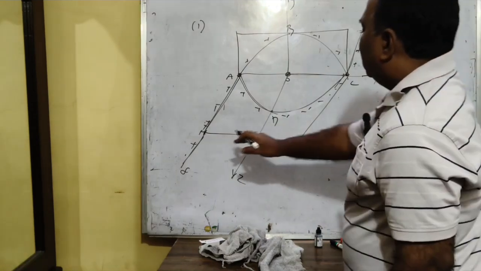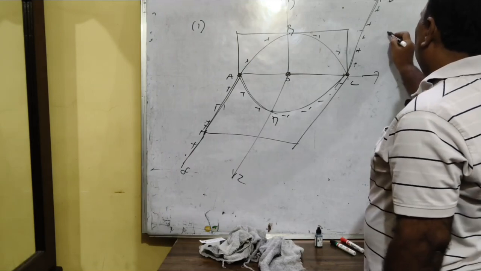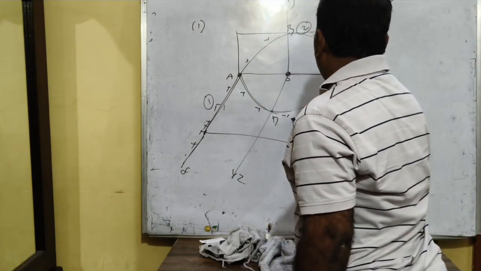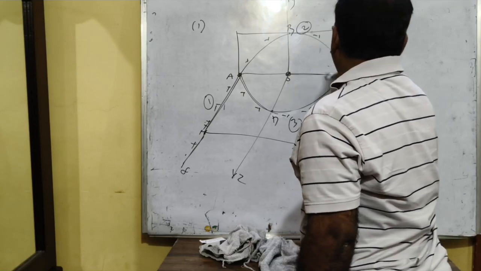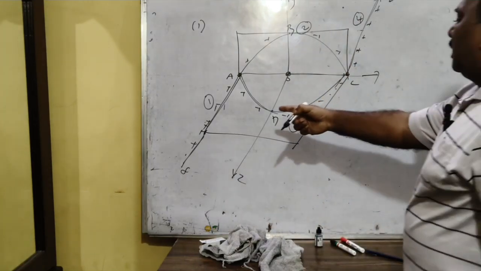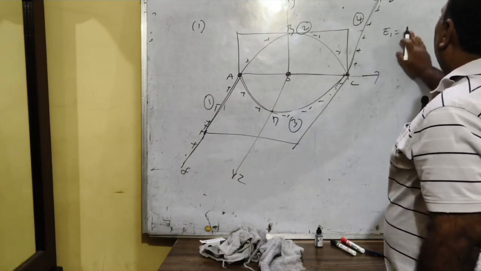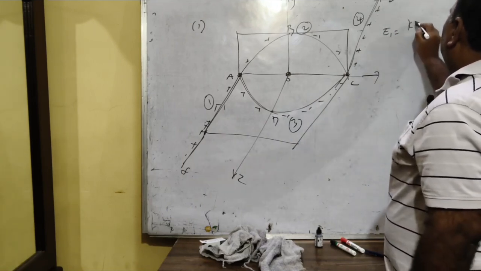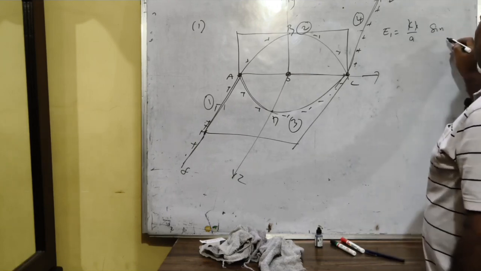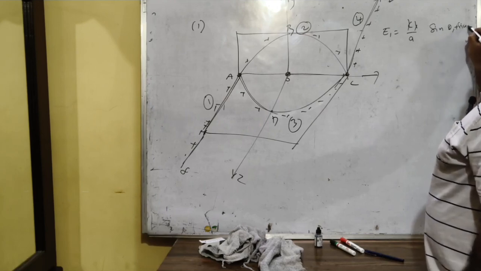That's why, what is the electrical field due to a semi-infinite wire? Like in the previous case, let this be the first wire, this is the second part, this is the third part, this is the fourth part. Fourth wire means 4 segments there. What is the electrical field due to the first segment? E1 is equal to kλ by a into, for finite, sin theta 1 plus sin theta 2.